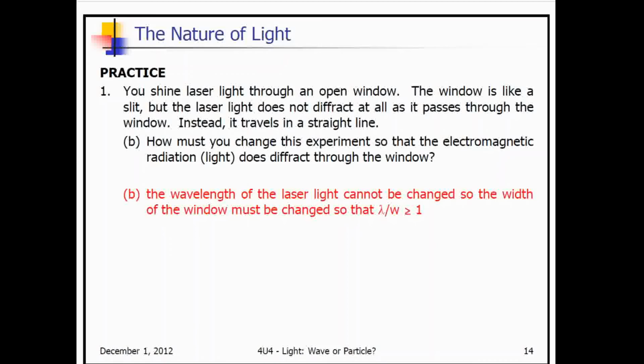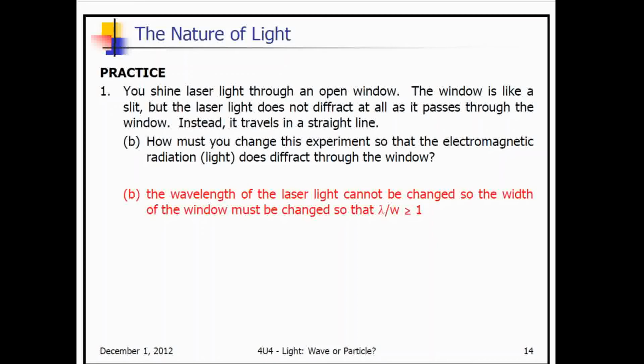So how must you change this experiment so that the electromagnetic radiation, which is what light is, does diffract through the window? We can't change the wavelength of the laser light, because if we do, we start changing what type of radiation we have. So we have to change the width of the window to make it basically a smaller slit.